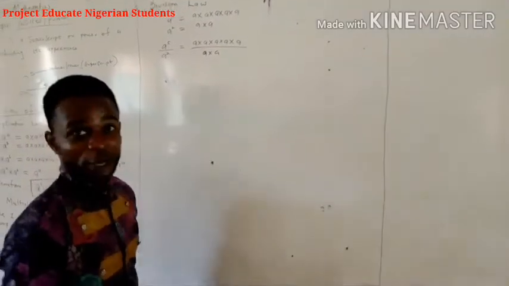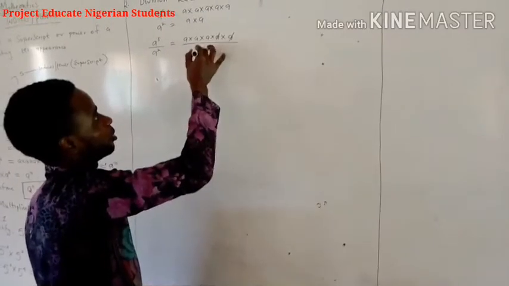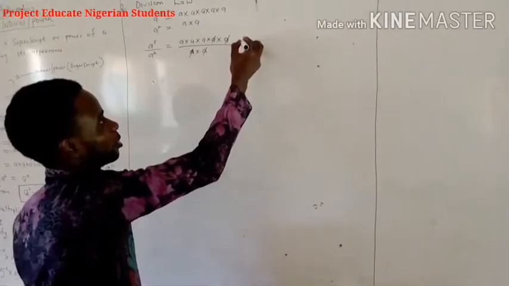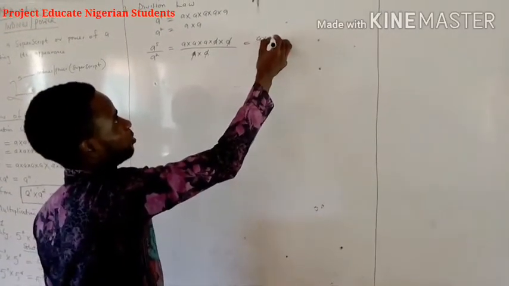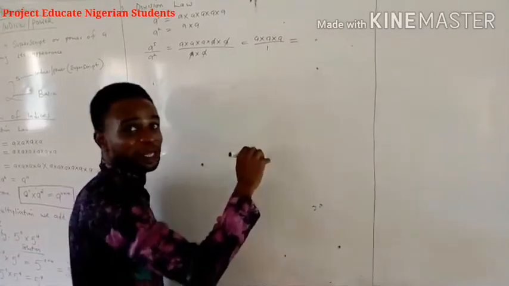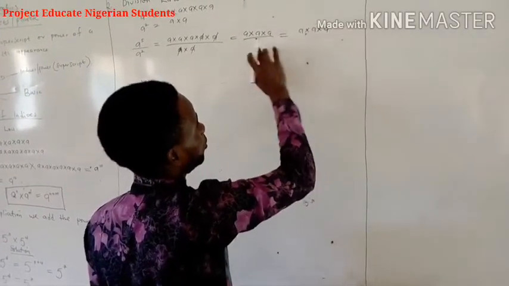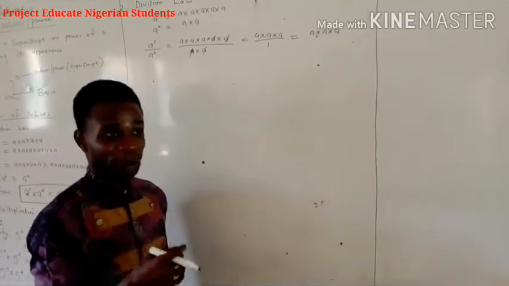So we are going to cancel out. Okay? A will cancel a here. A will cancel a here. We are left with just 1 here. So this is equal to a times a times a all over 1. This is the same thing as a times a times a, because anything divided by 1 is still the same thing.